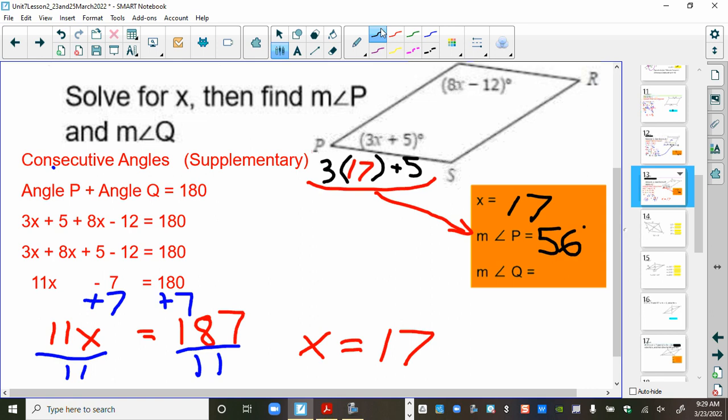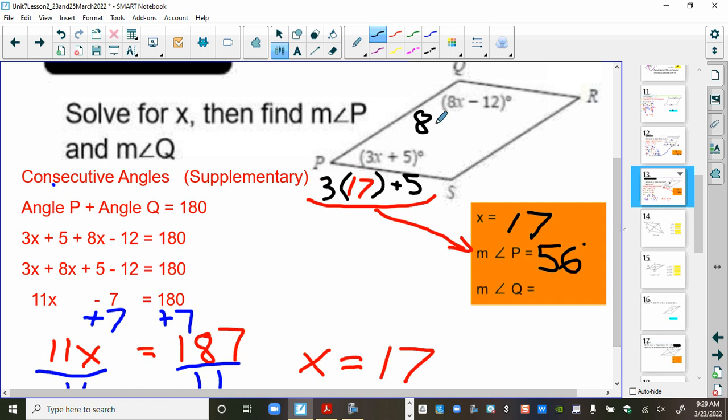Do the same thing up here. Angle Q. Eight times 17 minus 12.